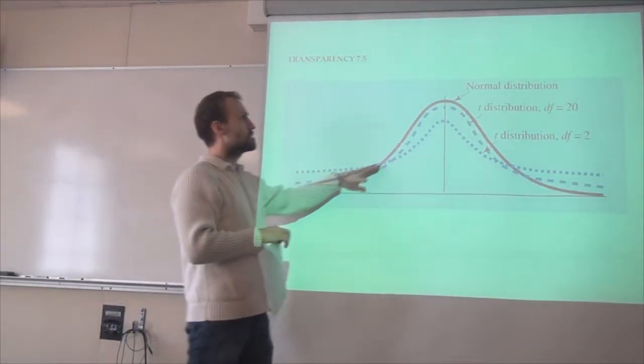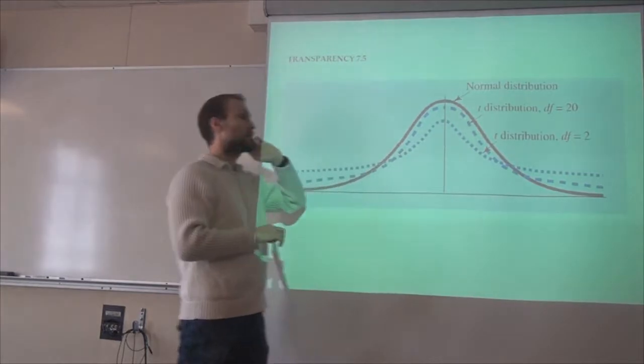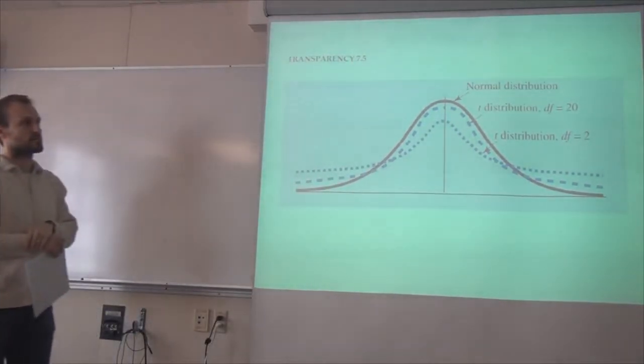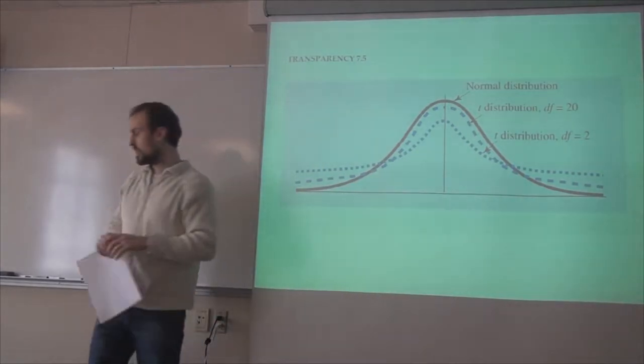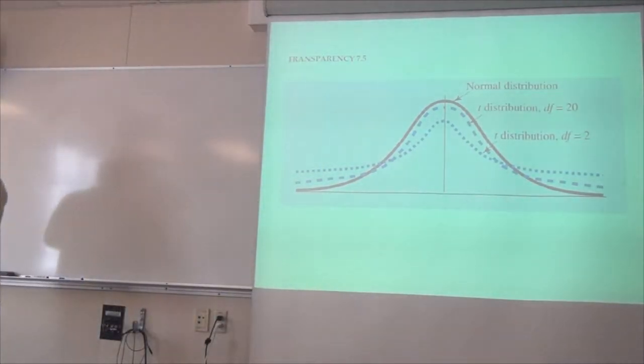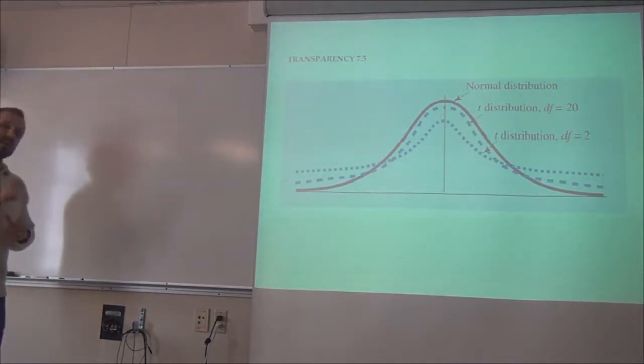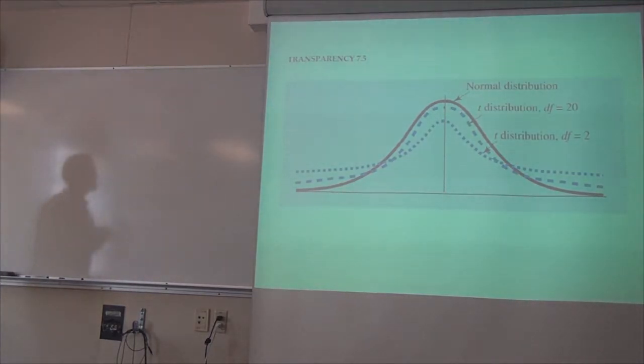So it depends on how big my sample is. If I have a very small sample, then it's fair to guess that my approximation is not going to be that accurate.